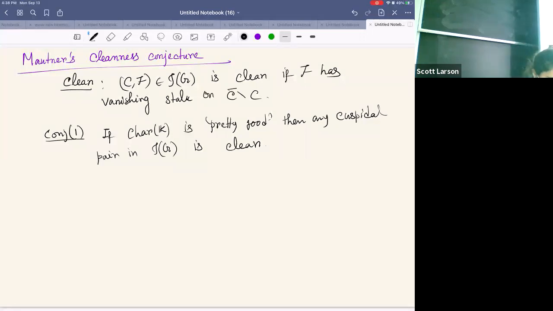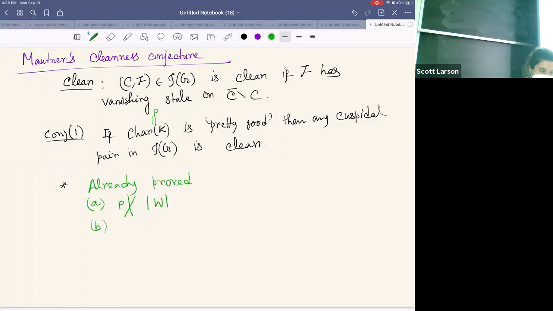This has already been proved in some cases. First, when the characteristic is P: if P does not divide the order of the Weyl group, then it is true.